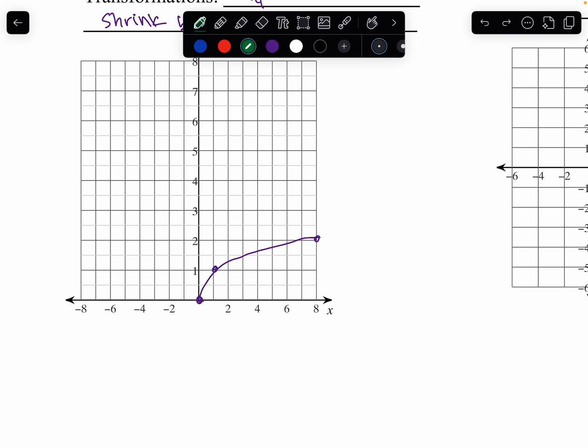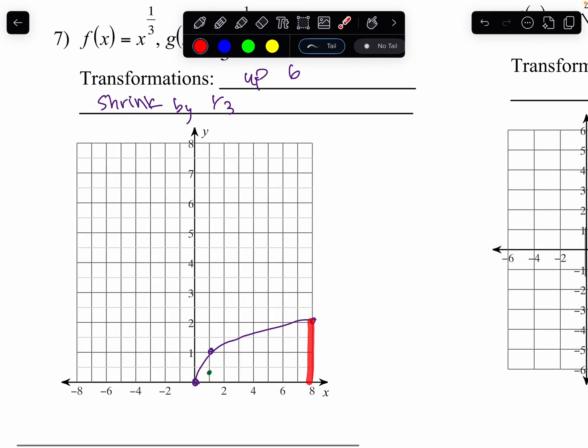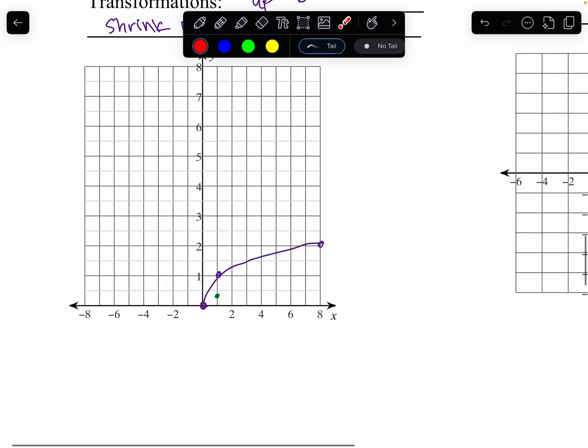Up 1/3, maybe like, yeah, like right there. This distance right here is 2. And then if I shrink that by 1/3, you can just think about 2 times 1/3 is going to be 2/3. And so that's only going to be like maybe like right up here. That's only 2/3, right? So you can do that right there. And now I'm going to move it up 6.